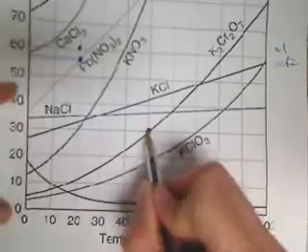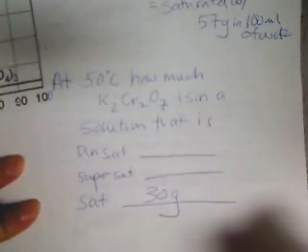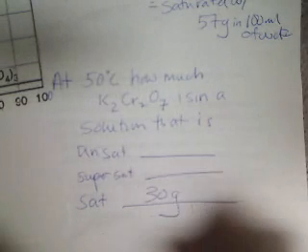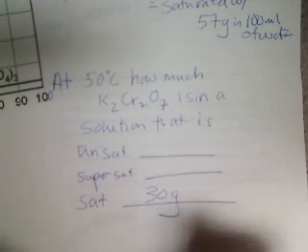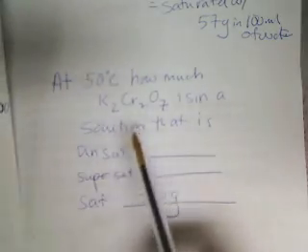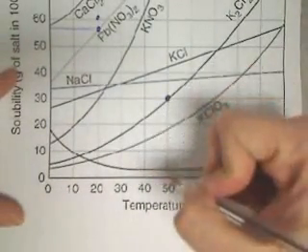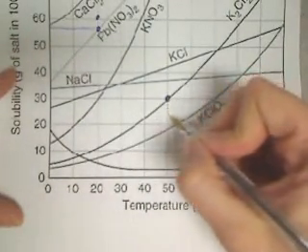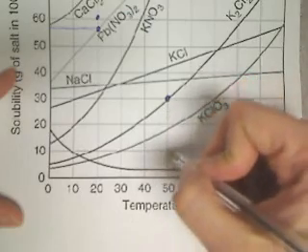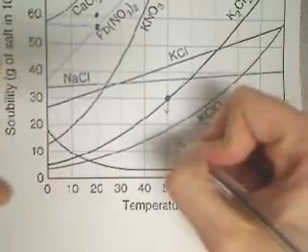So for a saturated solution, I would have 30 grams. I can dump 30 grams into a beaker of 100 mLs of water, stir it up, and it's all going to dissolve. Now, how much can we have for it to be an unsaturated solution? Anything below 30 grams. You can put 29, 28, 27, you can go all the way down to 10. Anything below this is going to be unsaturated.